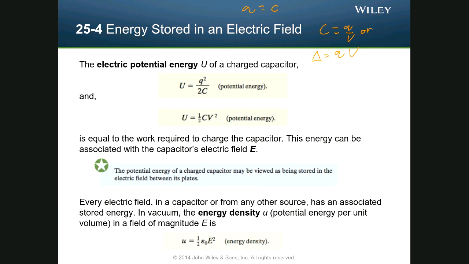The last one we didn't look at is V equals Q over C. So we can plug that into our expression here, and we get delta U is equal to Q times Q over C, right? And we seem to be off by a half. The half must come from some sort of integration.